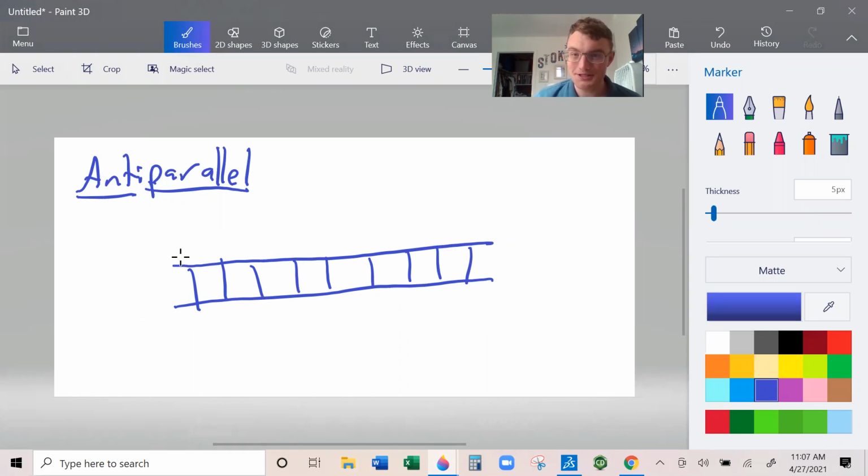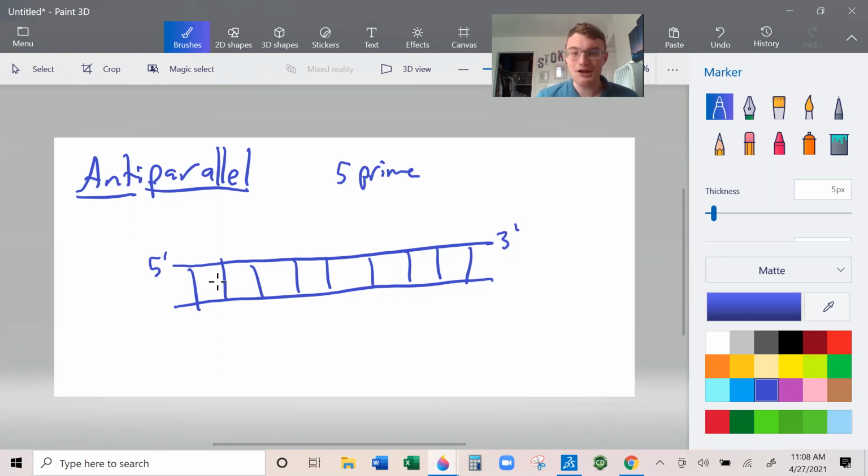The names for the front end and the back end, we call them 5', which means 5 prime. So you would pronounce it like 5 prime. So one end of the strand is named 5 prime, and the other end of the strand is named 3 prime. Okay, so these are names that scientists came up with, and I'll show you here in a sec where the names 5 prime and 3 prime come from, and how you can tell the 5 prime end apart from the 3 prime end.